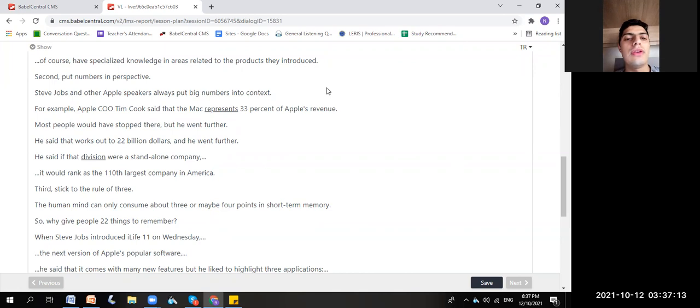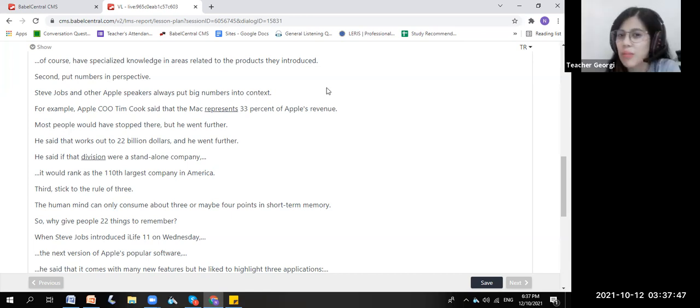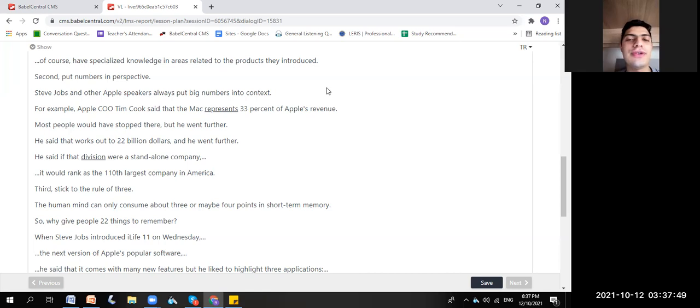Second, put numbers in perspective. Steve Jobs and other Apple speakers always put big numbers into context. For example, Apple CEO Tim Cook said that the Mac represents 33% of Apple's revenue.